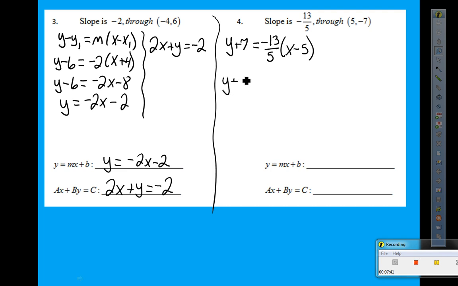So I got y plus 7 equals negative 13/5 x plus, and you can type this in your calculator if you want, guys, negative 13 fraction key 5 times negative 5, and you should get 13. And then let me subtract 7 from both sides. So in slope-intercept form, I've got y equals negative 13/5 x plus 6. So I'm going to put that on that line right there. Y equals negative 13/5 x plus 6.